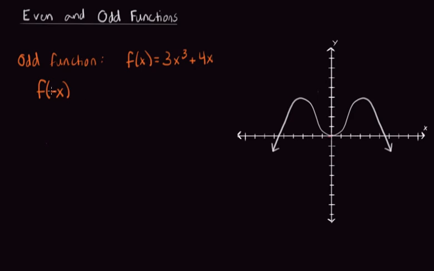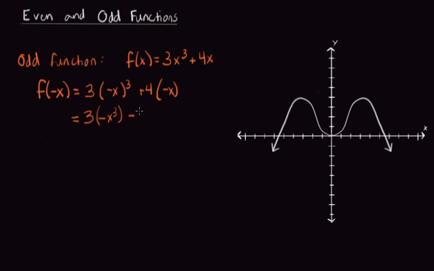Okay, so if we put in f of negative x, we're going to get 3 times negative x to the 3rd plus 4 times negative x. And this gives us 3 times negative x to the 3rd, which is just going to be negative x to the 3rd, right? Because that negative power is going to be multiplied 3 times, so it's going to stick around.